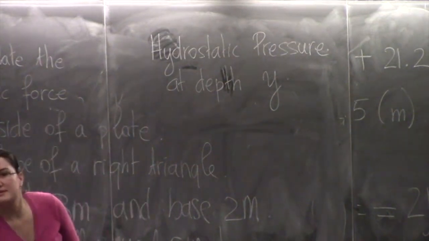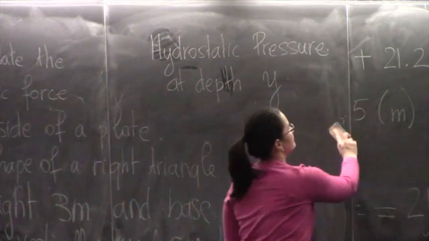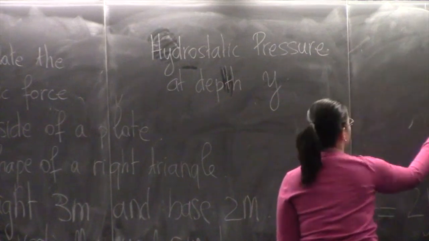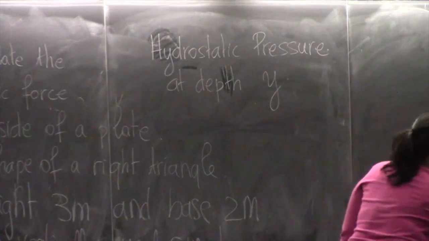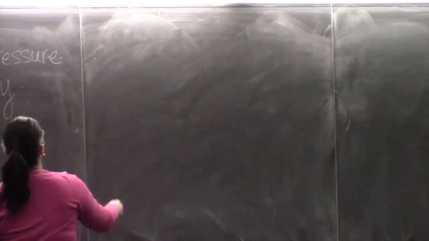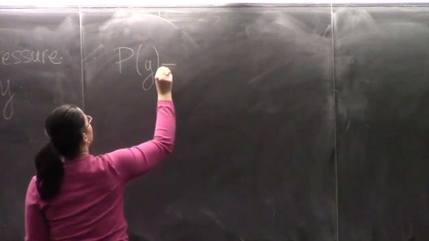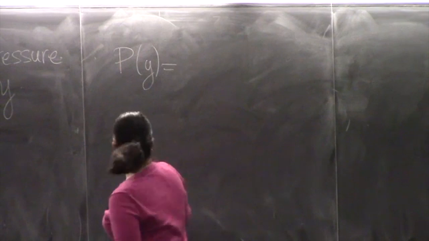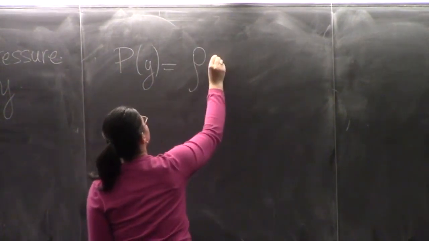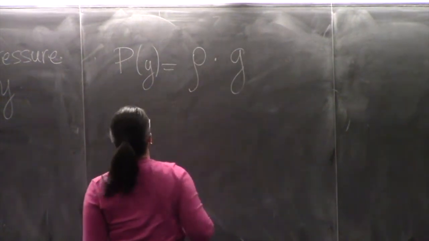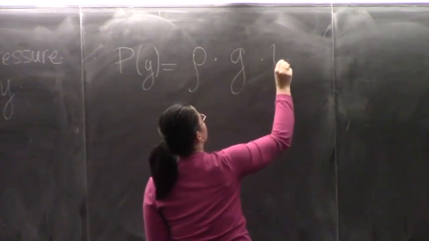The problem is not specifically asking for it, but we will need it anyway when we compute the hydrostatic force. Now we have a formula for it. This is P of y, which is equal to the density of the liquid times the constant of gravitational acceleration times the depth.